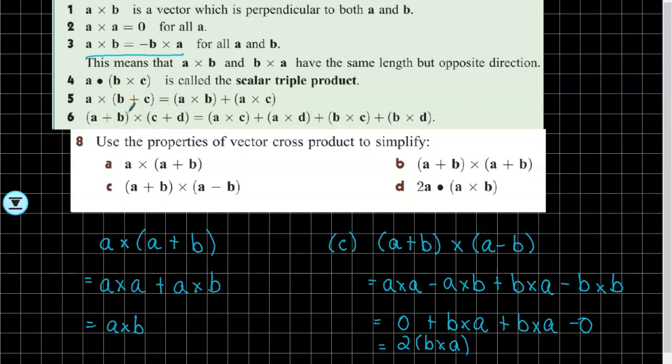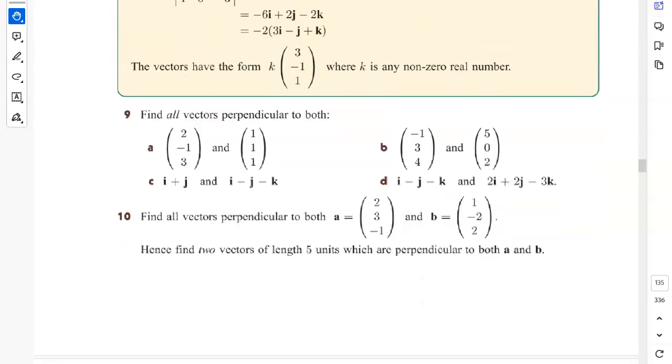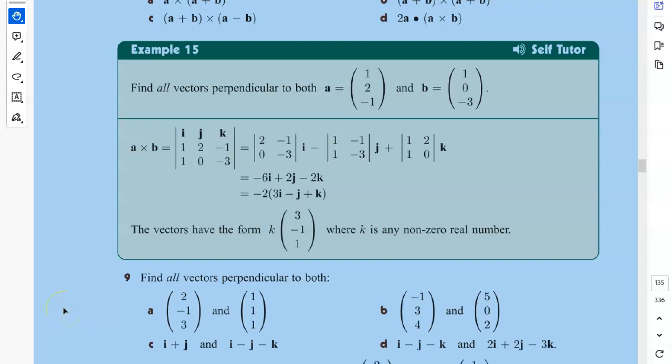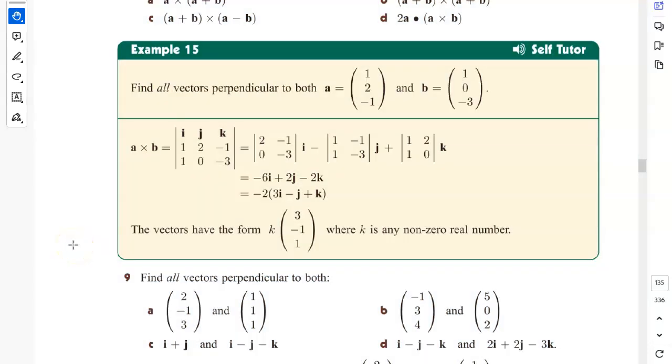Okay. Now, Will, you're on again, because I'm going to jump the gun just a tad. As we said, you can look at the examples here. Find all vectors perpendicular to these. Well, hello, we do exactly what we were doing before, but now we can just say it's times by a scalar.